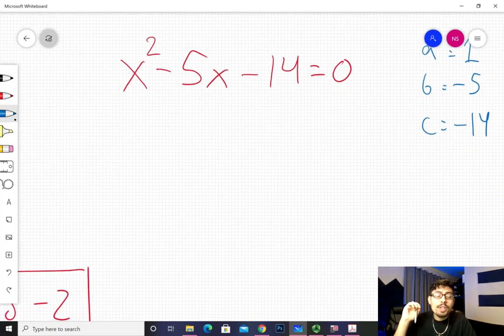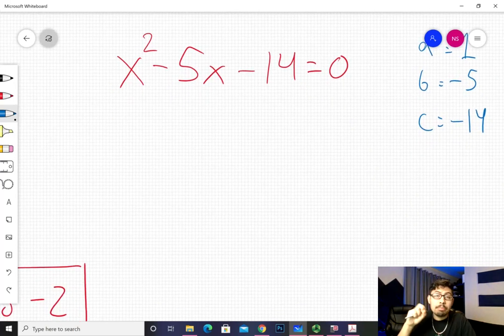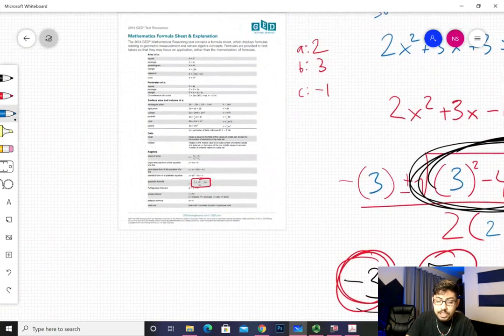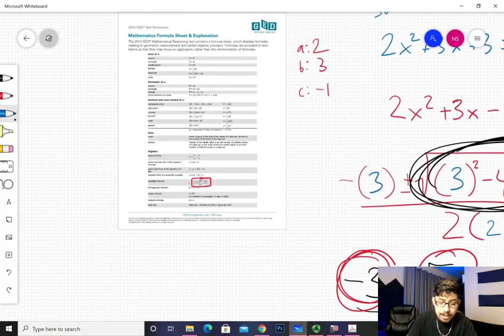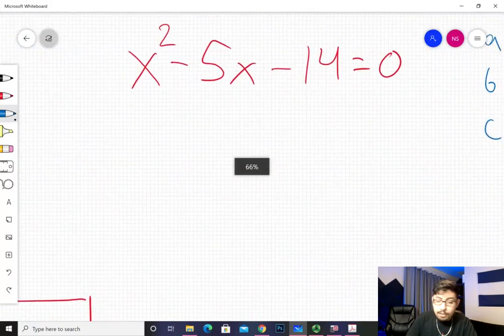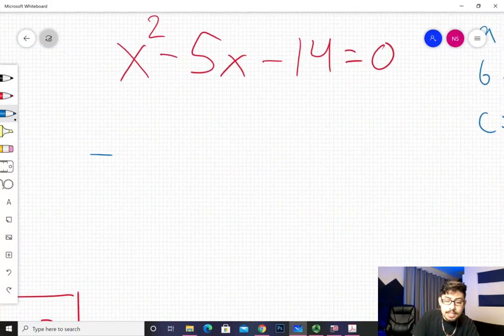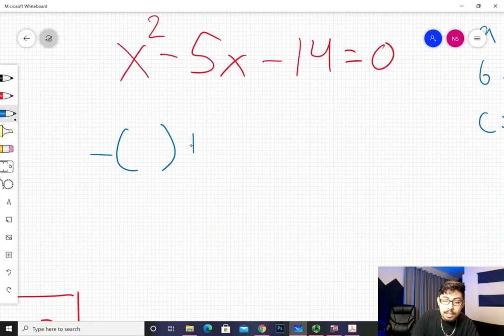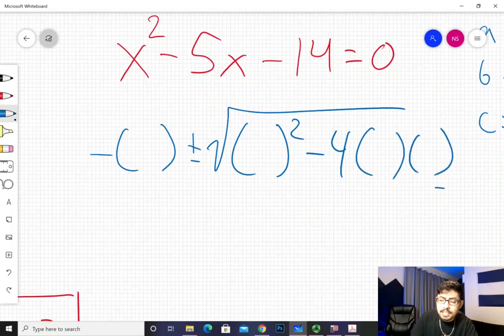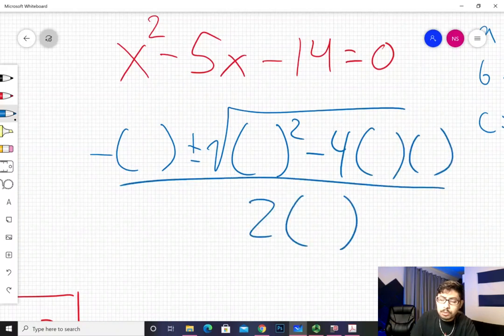Step 3, rewrite the quadratic formula, and in place of all the letters, substitute with parentheses. You will have to refer all the way to your formula sheet at the beginning just to memorize that formula. Once you look at it and rewrite it, it should look like this: -b plus and minus the square root of b squared minus 4ac, all of that over 2a.